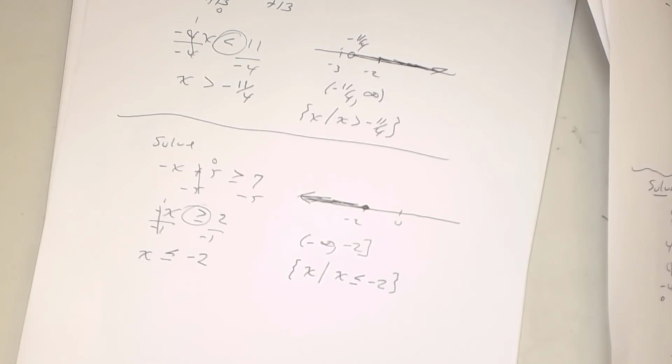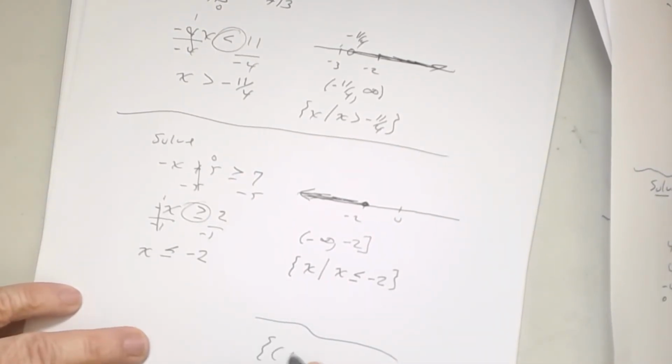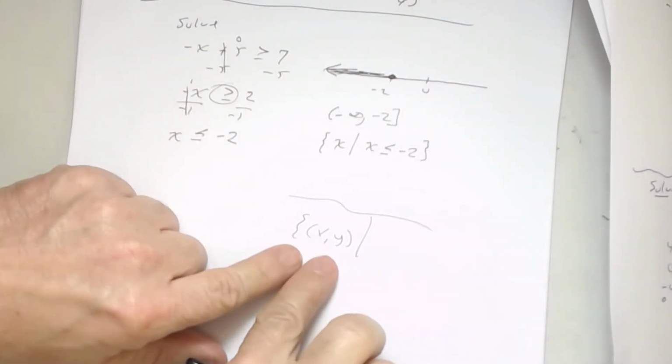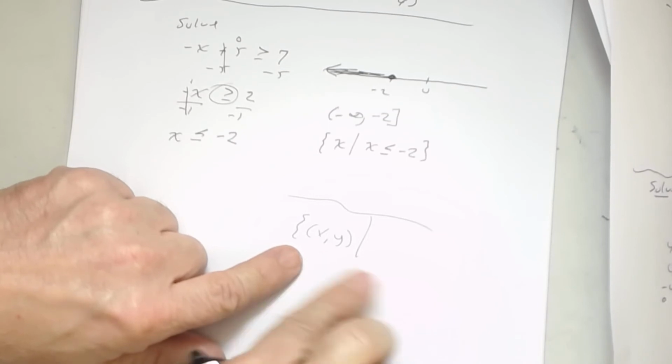Yeah, but you got to describe the set though. So in set notation, you have the braces. You got to explain what x is, what the solution of x is. So that's why you got to have that x in front. You're explaining what your x's are. So your x's are any number that are less than -2. There are situations in college algebra where your set notation would have two variables, a set of coordinates x, y, such that.